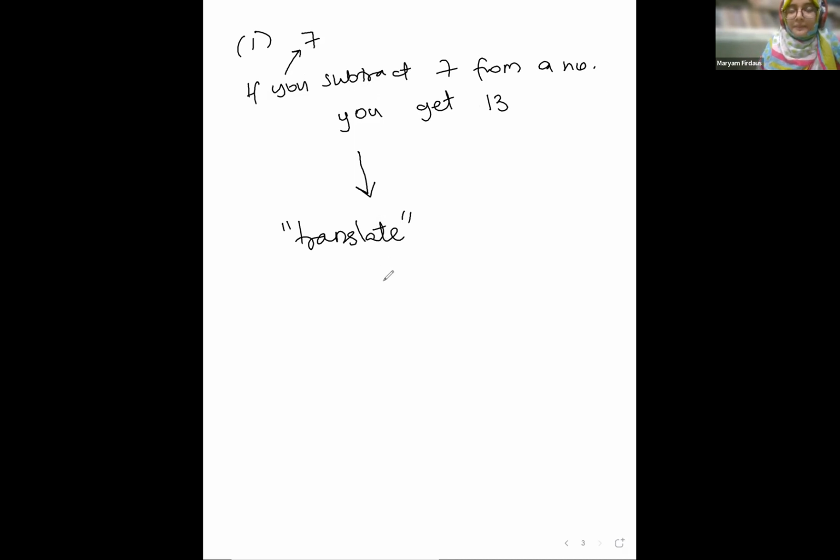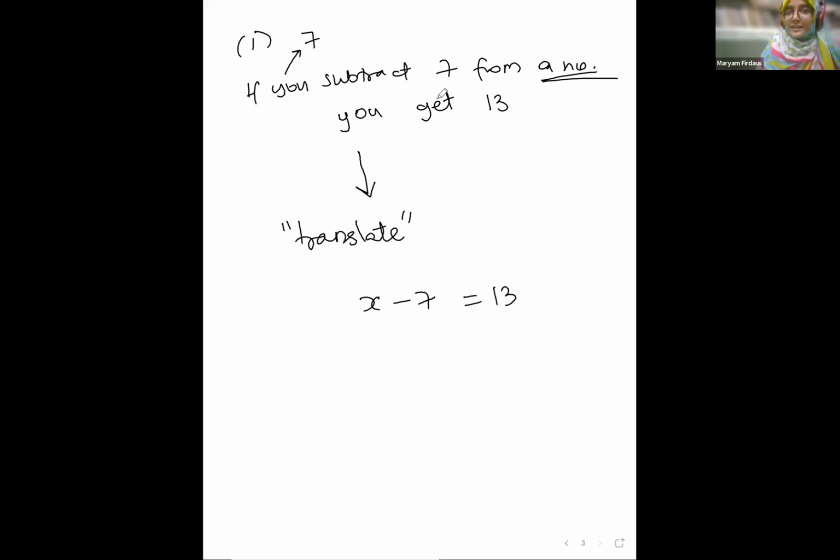Yes, Hiba? X minus 7 is equal to 13. Yes, you're subtracting 7 from a number, so this random number is going to be x. So x minus 7 is equal to 13. Here's one tip: sometimes you might get really lengthy statements and find it difficult to translate them into a mathematical statement.